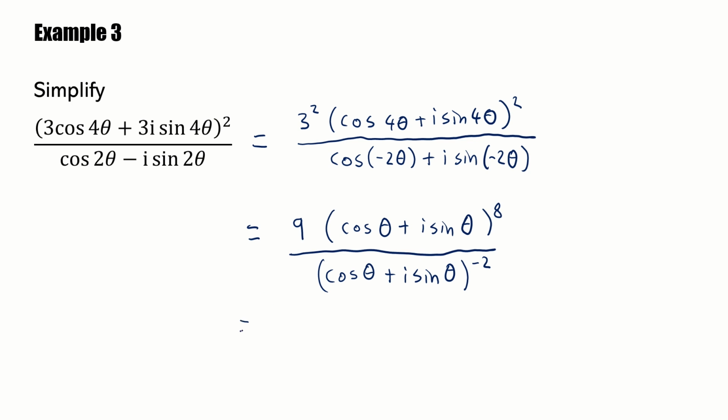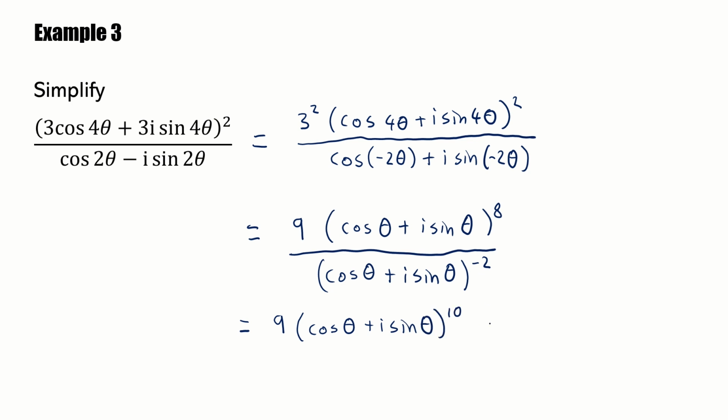Nice. Which is good because once again it means we can use index laws. And the weird thing is we're dividing, so that means we've got to take away the power. So it's actually going to be a minus minus situation. 8 minus minus 2 is positive 10. So that means we've got 9 lots of cos theta plus i sine theta to the power of positive 10.